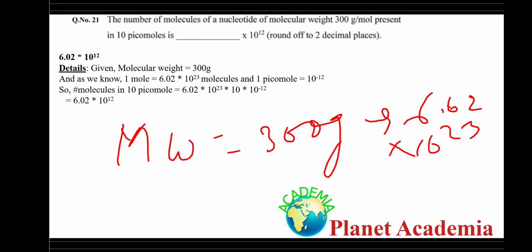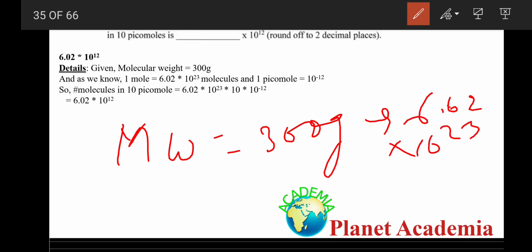And what is the number of nucleotides present in 10 picomole? So picomole equals 10 to the power minus 12 mole.